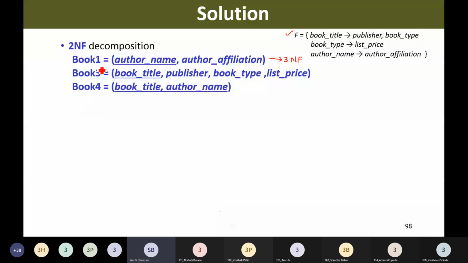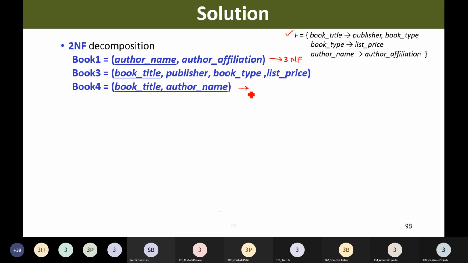Correct. So if we look at this relation book 1, it has only 2 attributes. One attribute, author name, is the primary key. So the non-primary key attribute is author affiliation, and that directly depends on the primary key. So there is no transitive dependency, and definitely book 1 is in 3NF.